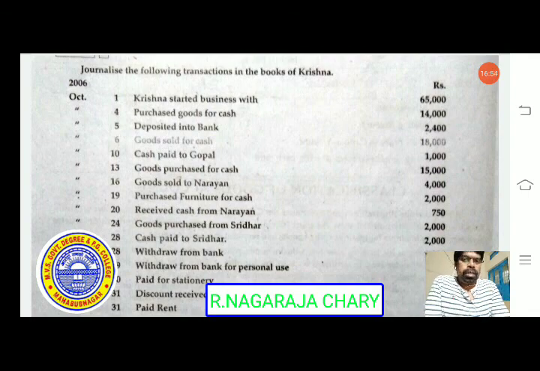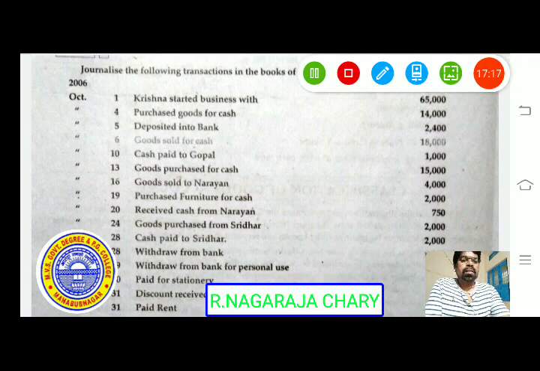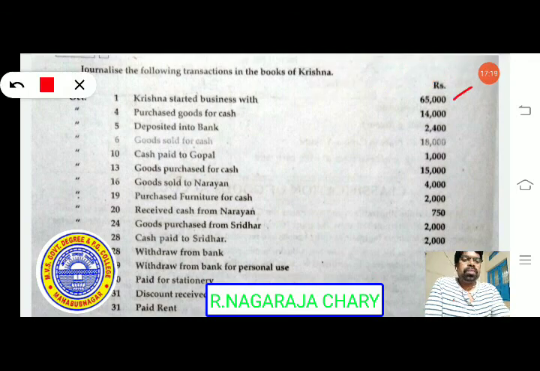Right, we will see one more problem, that is journalize the following transactions in the books of Krishna. In the books of Krishna, 2006 October 1st, Krishna started business with 65,000 rupees.